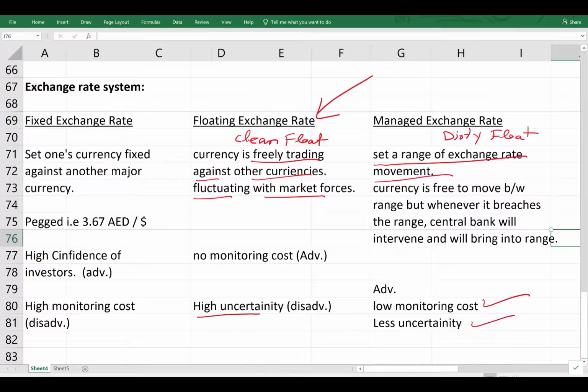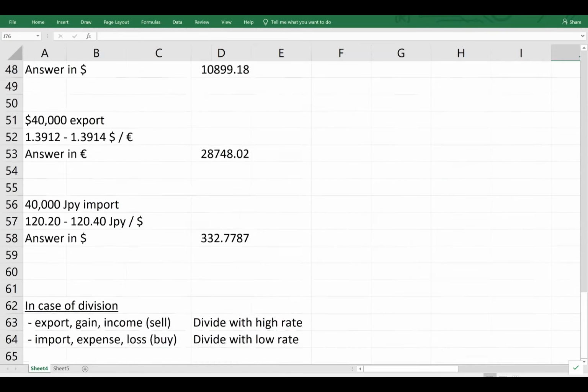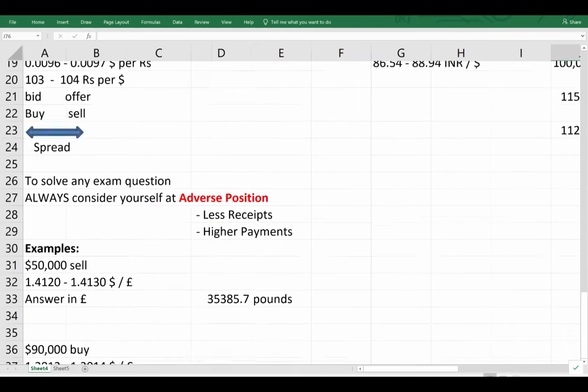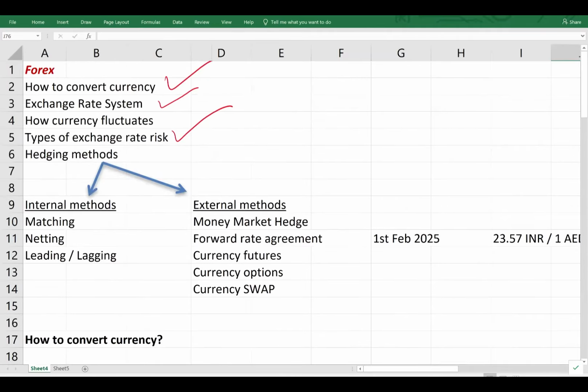Okay, these are the three exchange rate systems we have. Last, how does currency fluctuate? By the way, we discussed this. Why does currency fluctuate? Why does the exchange rate fluctuate? Because of demand and supply.